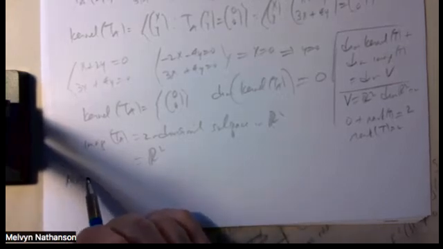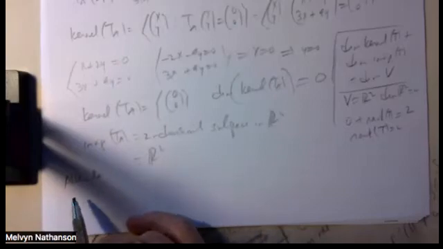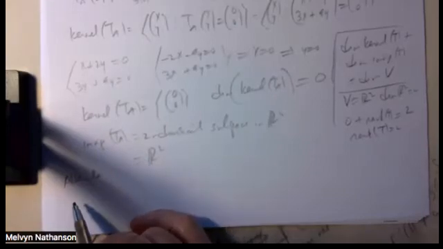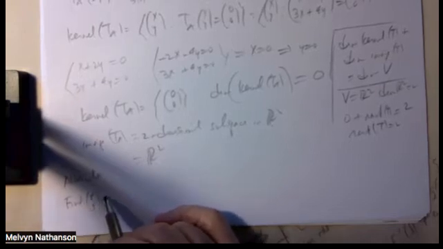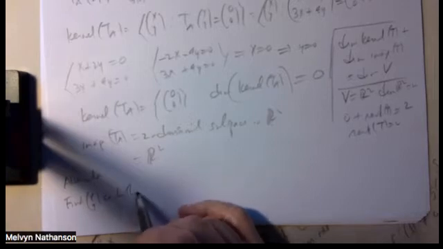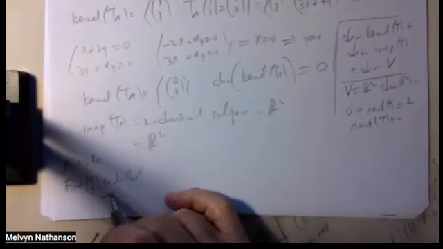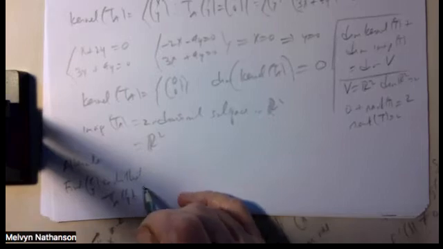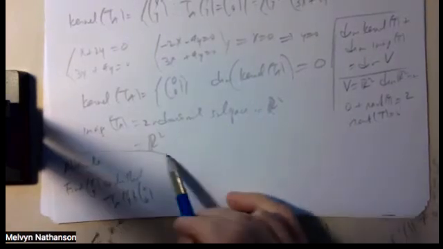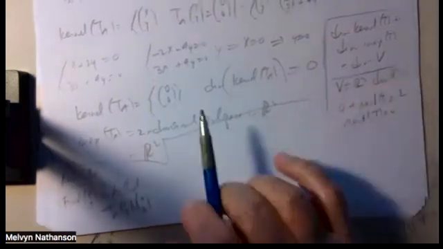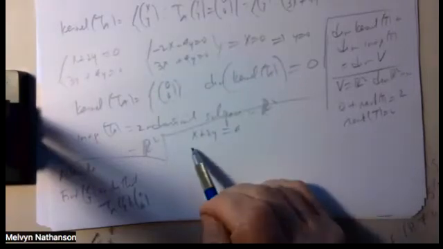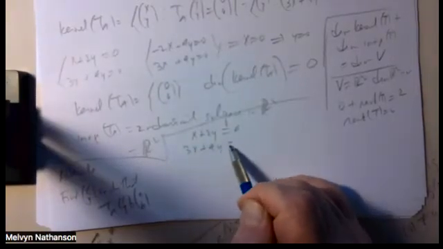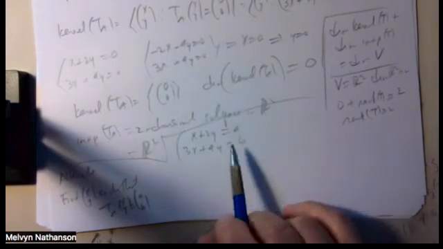If you want an alternate proof, you want to ask: if you have a vector a, b, find, if you can, x, y such that T of x, y is a, b. That means we want to solve the equations x plus 2y equals a, 3x plus 4y equals b. Given a and b, can we solve these two equations in two unknowns?